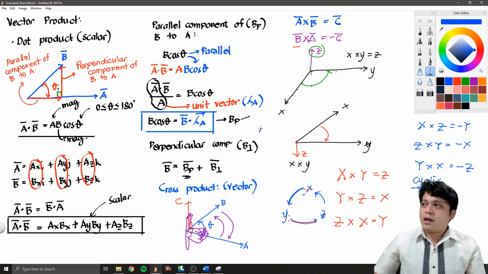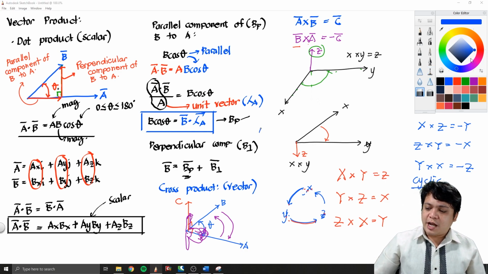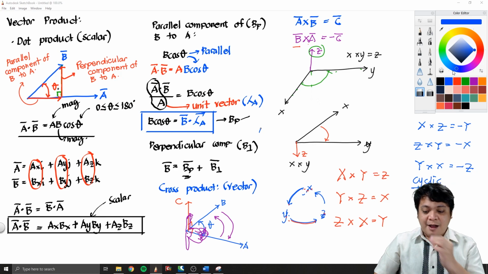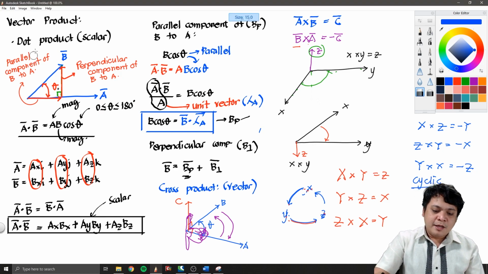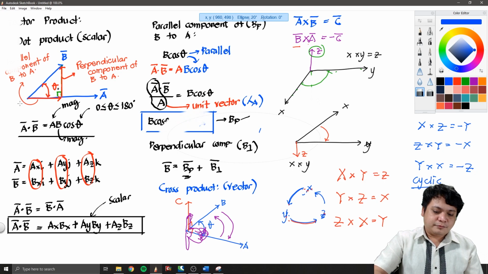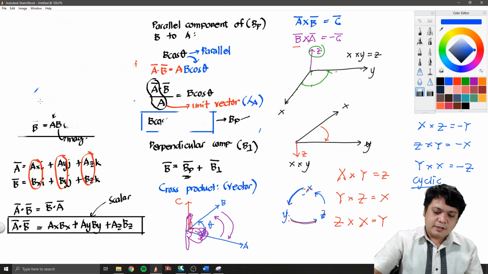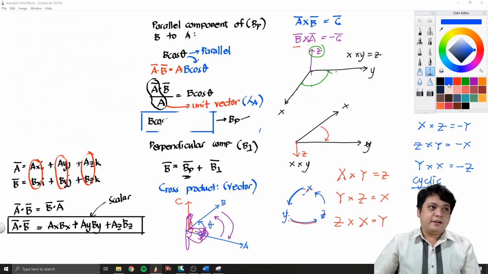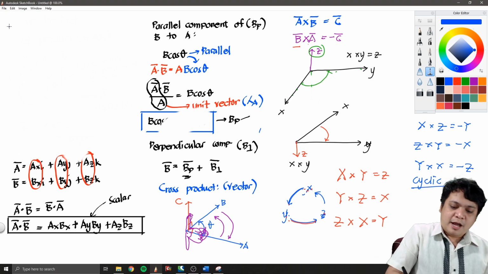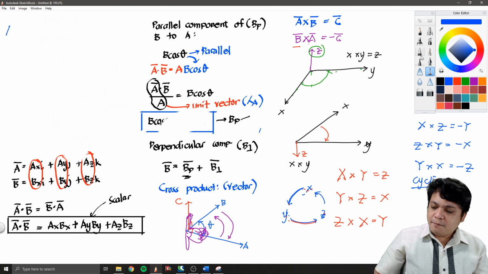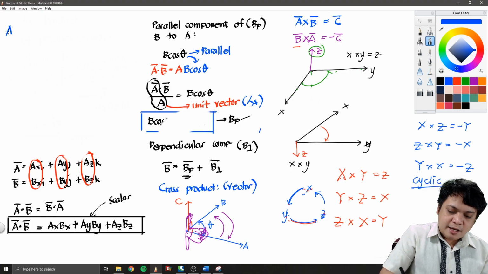Paano naman ako nakakakuha ng values ng cross products? Okay, example, meron tayong dalawang vectors. We have the vector A and then we have here the vector B, no? So we will be having here as A cross B. Okay.